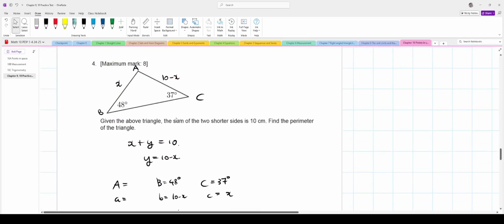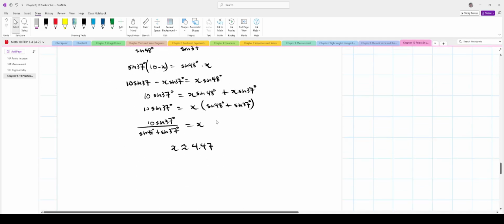The unit was centimeters, which means that y is going to be approximately 10 minus that, which is 5.53.